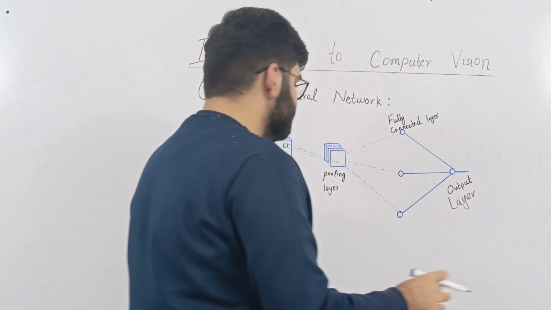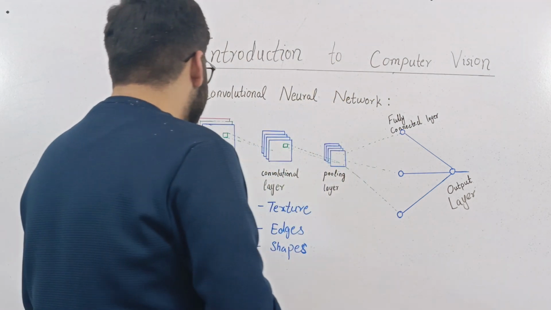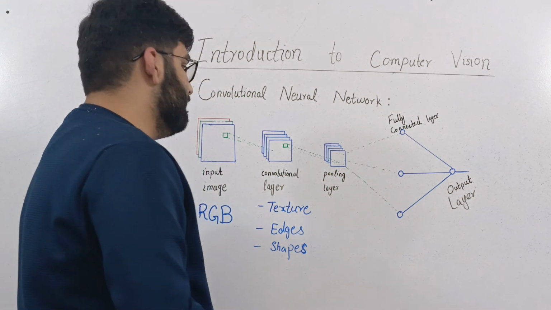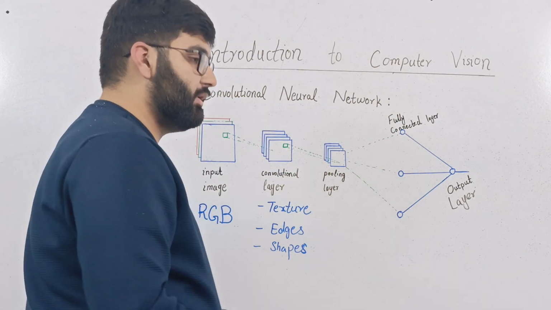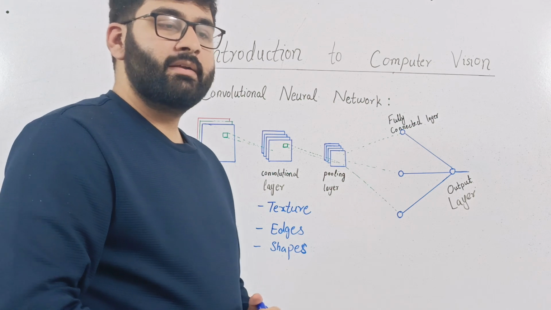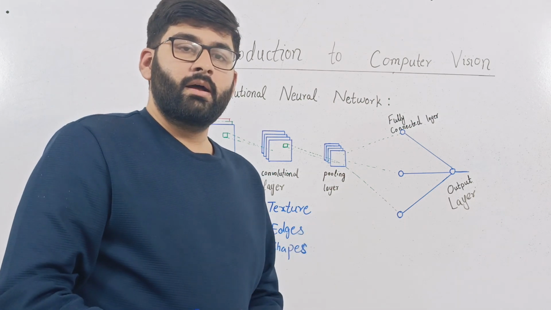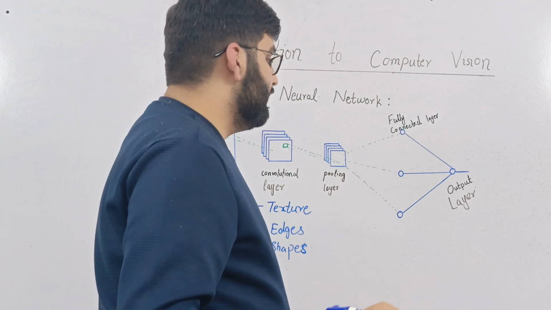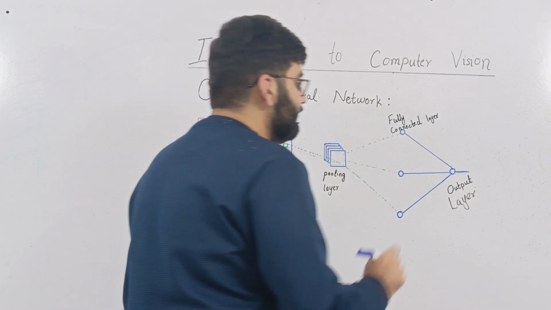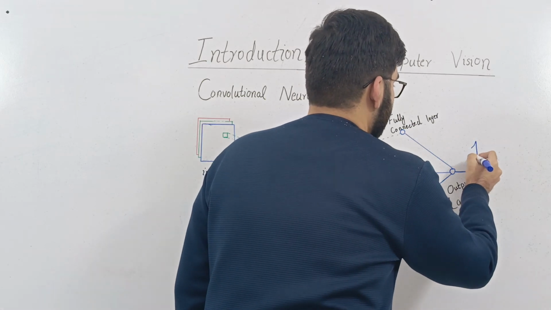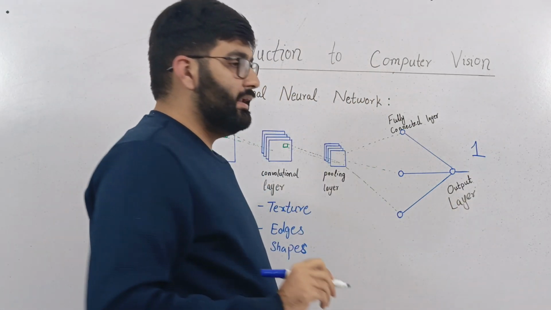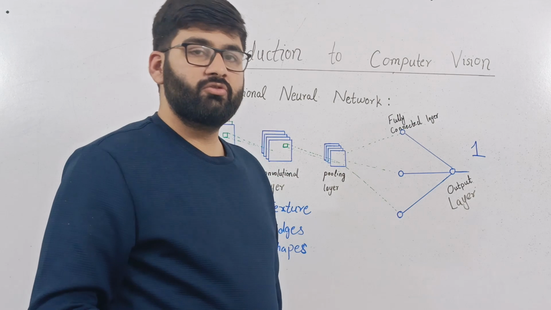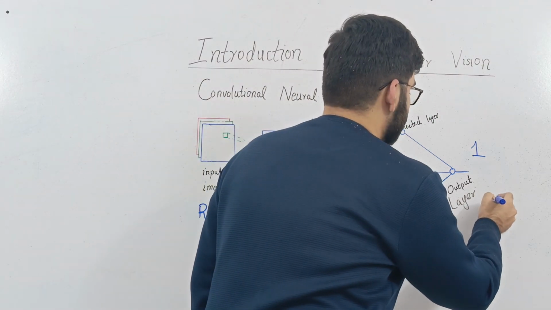For example, we have an image that contains an animal and we want our output layer to predict whether the animal is a cat or not. So in case the animal is a cat, it should predict a 1, and in case the animal is not a cat, it should predict a 0.